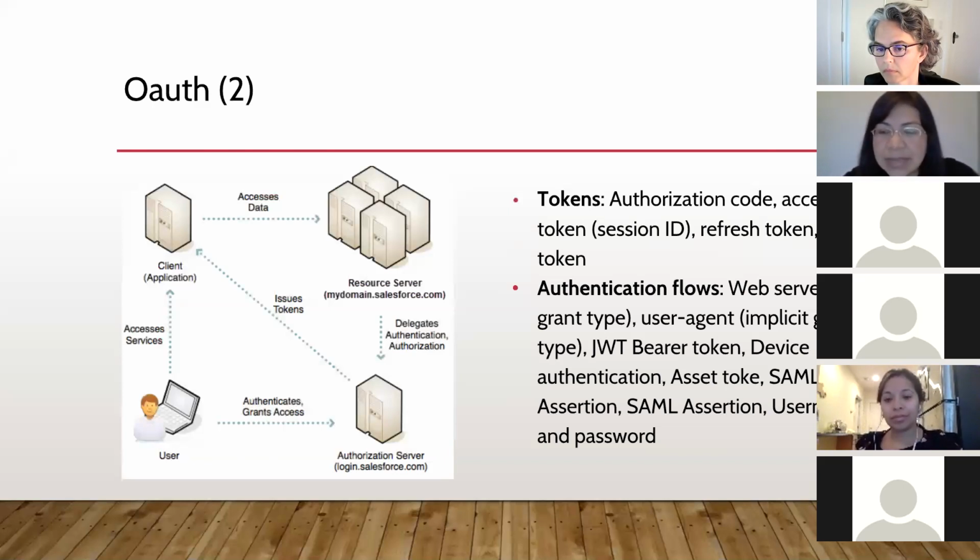In that case, you cannot ensure that the codes that are going to be exchanged are stored in a secure form. Or for example, when you are connecting from a web browser. In that case, there is another type of flow, the user agent flow, that you can use when you cannot store the tokens in a secure way.